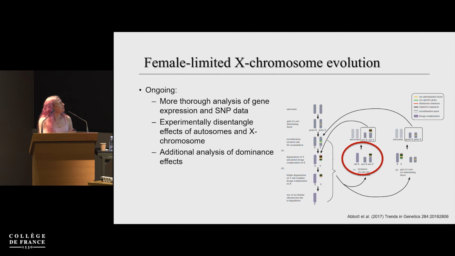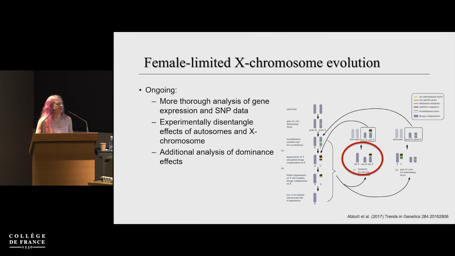This experimental disentangling of the autosomes and the X chromosome, we've done that for a couple of phenotypes, but we also have gene expression data for these genotypes that have only the autosomes or only the X from the different selection lines. That can be really interesting, I think, to see if we can see evidence of feminization or masculinization of expression in the 2 parts of the genome.